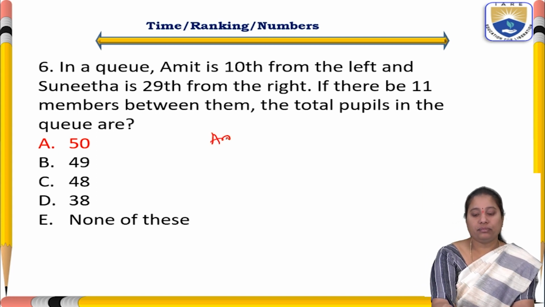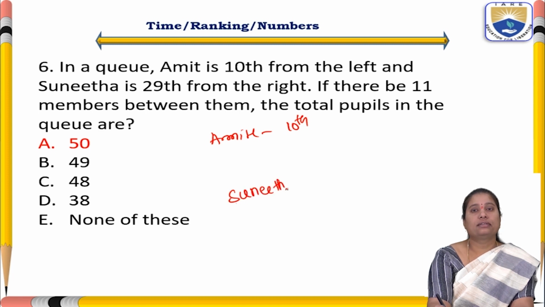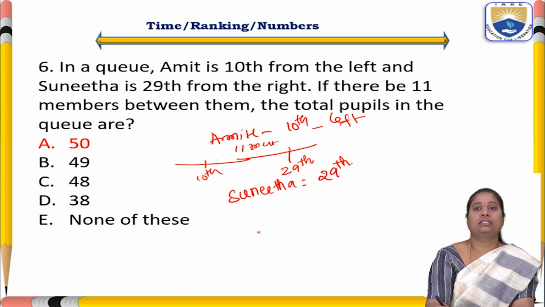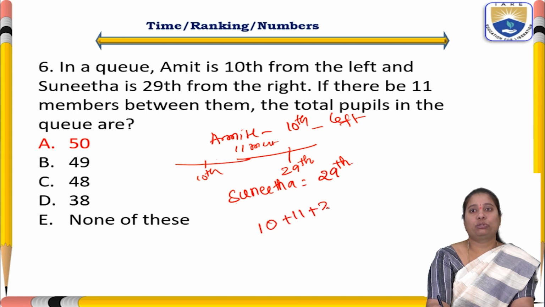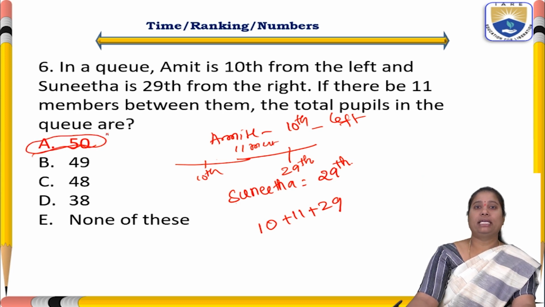Amit is 10th from the left, and Sunita is 29th from the right, whereas in between them 11 members are there. So 10 plus 11 plus 29, the total equals 50.